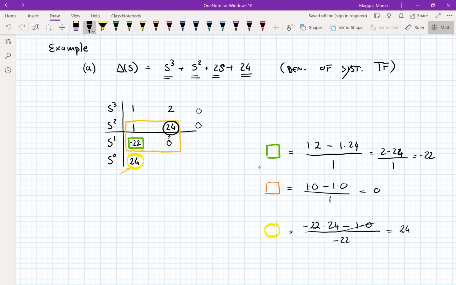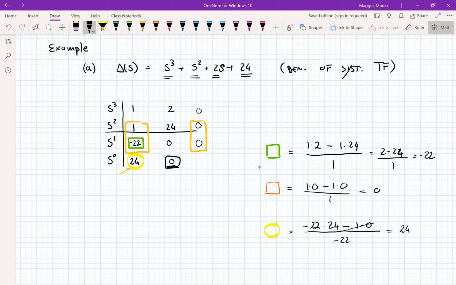So once again, if the bottom right element is 0, then the result of this computation is simply the value above it, so 24. Now we don't really need this element right here, which anyway would be 0, because the second column is all zeros.